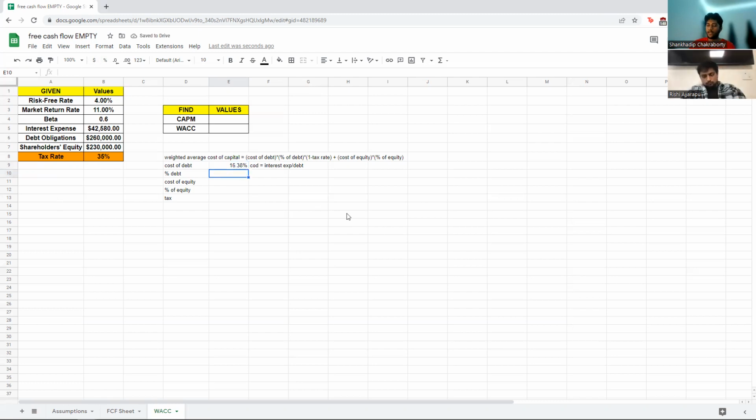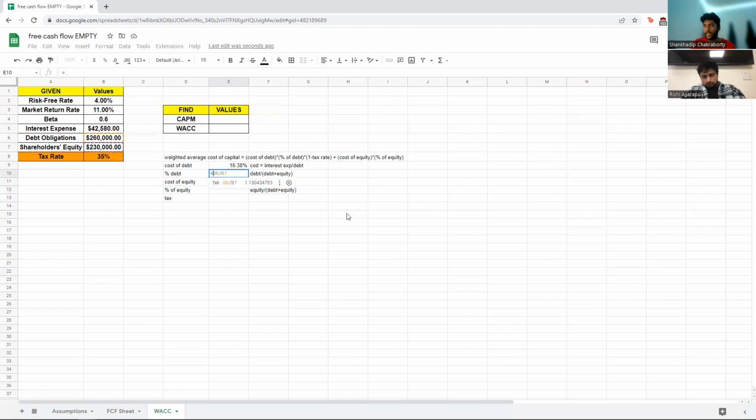Okay. Now for percent debt, this is just easy. Percent debt is just debt over debt plus equity. And similarly, percent equity is just equity over debt plus equity. Basically, what percent of your total capital structure, or your debt and equity combined, is debt or is equity?